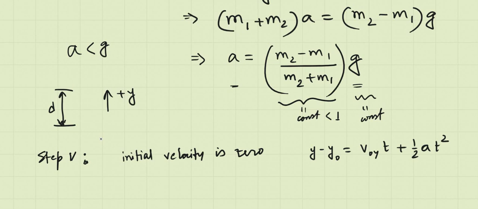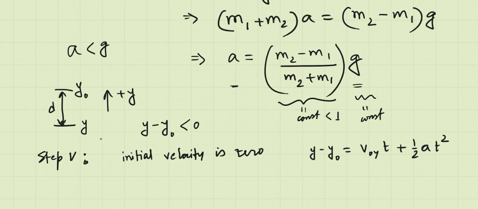Alright, so if the top point is the initial point and if the bottom point is the final point, what do we have? We have y minus y naught, because y is going to be bigger, has to be less than 0.